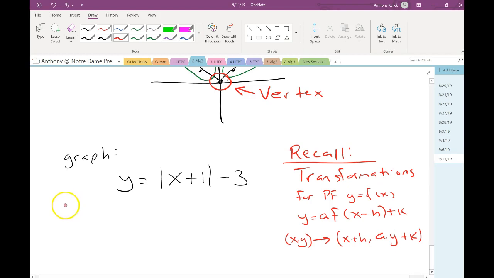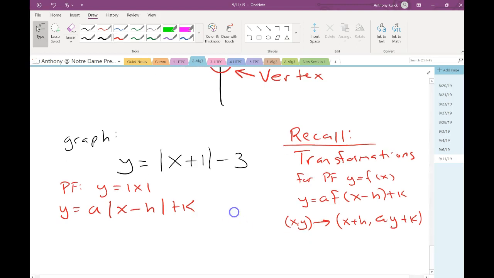So in our case, our parent function is y equals the absolute value of x. So in this specific instance, our general form is going to look like y equals a times the absolute value of x minus h plus k. So in this particular problem, what is our value for a, h, and k?